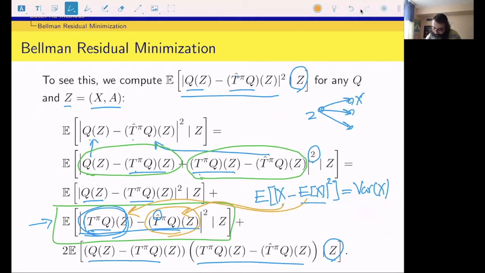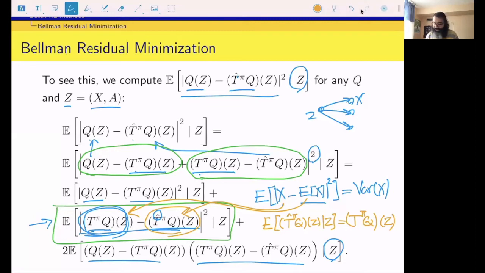Because the expectation of, say, T hat pi Q, conditioned on Z, is T pi Q of Z. So the expectation of the empirical Bellman operator applied to Q is the same as the Bellman operator applied to Q.